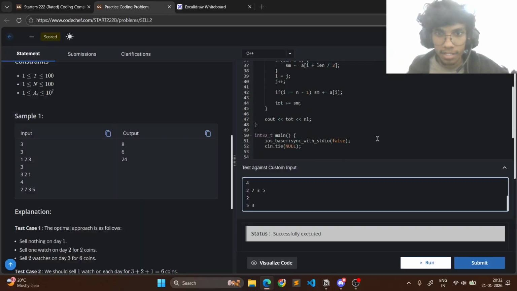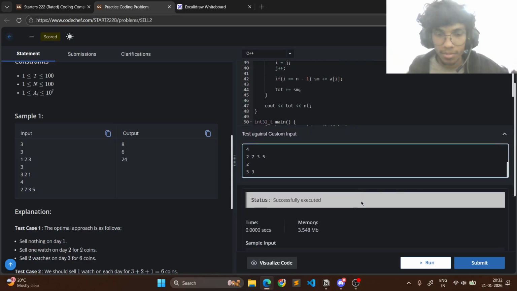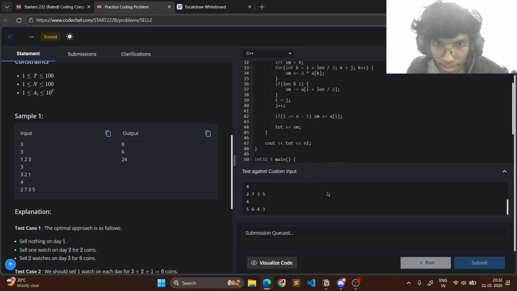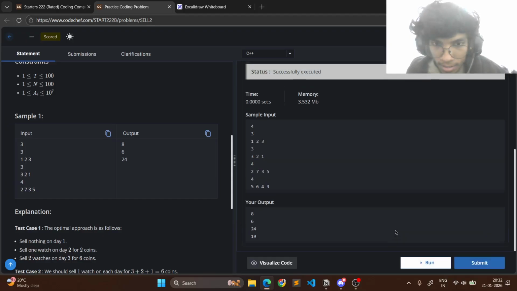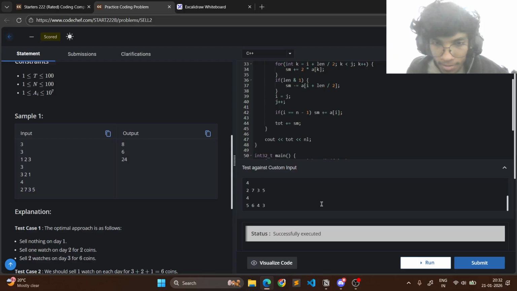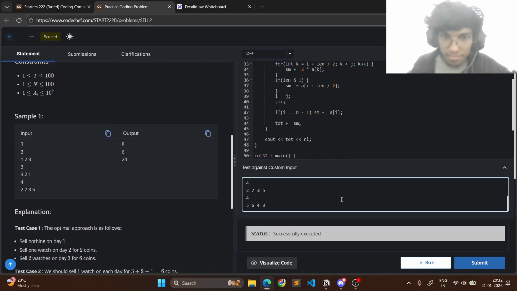No, I think the approach is right. I don't think there's anything I'm missing in the approach. I think this could be some implementation bug. So 5, 6 and then 4 and 3. So this should be 12 and 16 and 19. Yeah, this should be 19. Yeah, this is 19 indeed. 3 and 7, 8, 10.